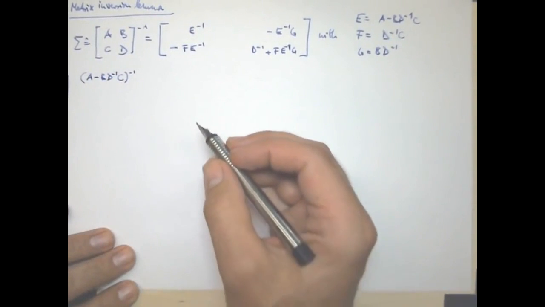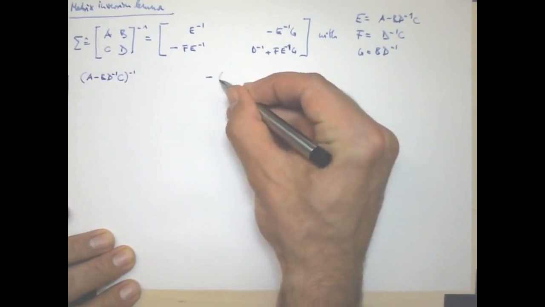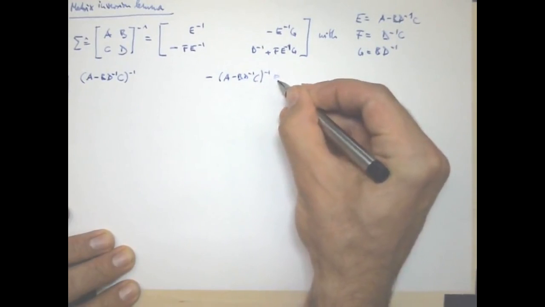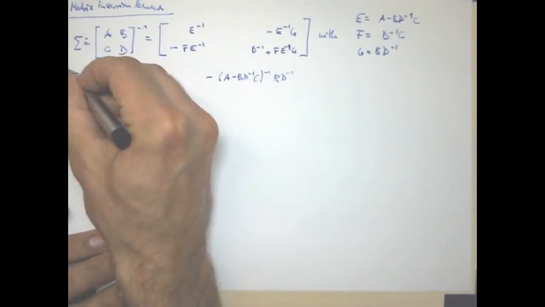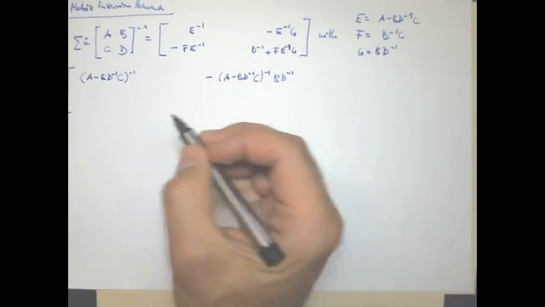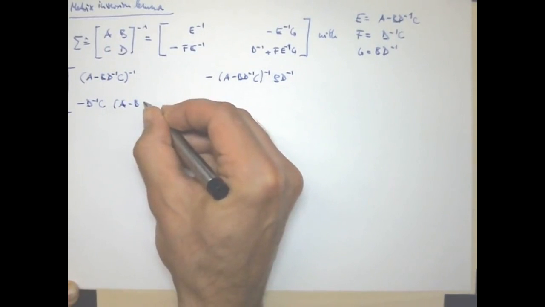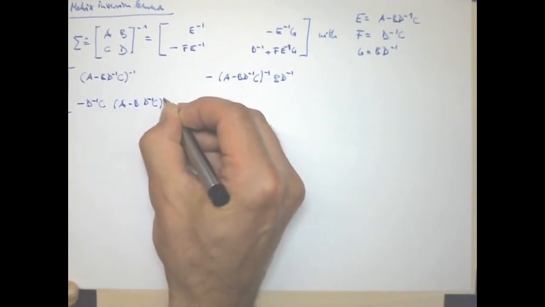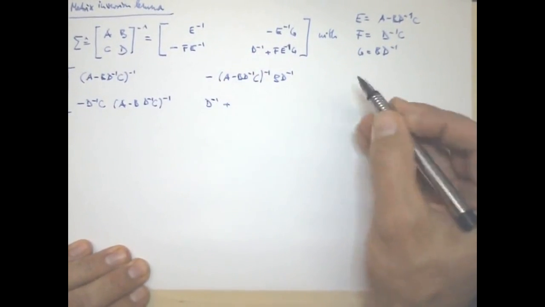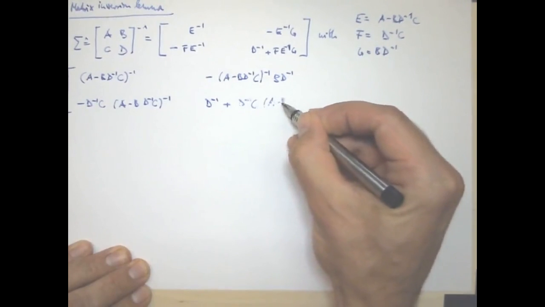Then minus E to the minus 1 G is, and down here minus F E to the minus 1 is, and finally we have here the D minus 1 plus D minus 1 C, A minus B D minus 1 C.